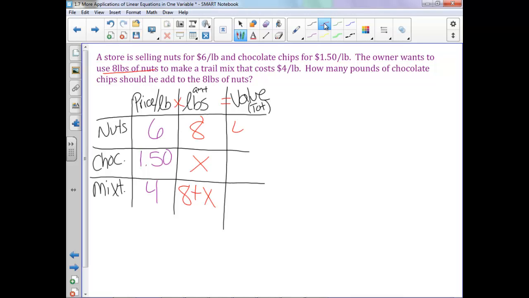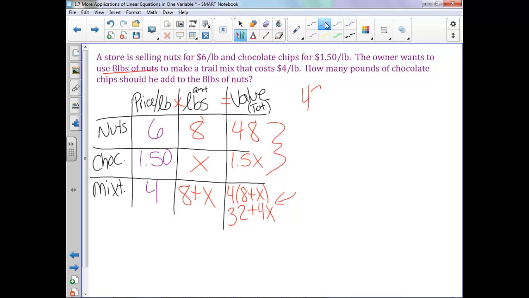So 6 times 8 is 48. 1.5 times x is 1.5x. And then this is just going to be 4 times 8 plus x. If we want to go ahead and distribute that, 4 times 8 is 32 plus 4x. And now, total, we're adding our nuts and our chocolate chips to equal our mix.